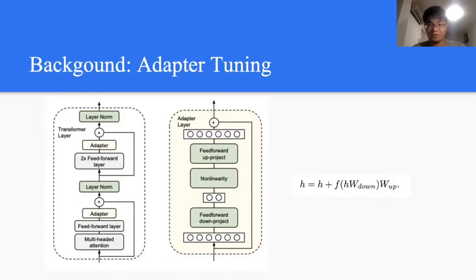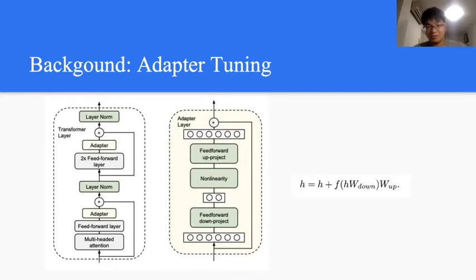The adapter approach inserts a small module between transformer sublayers. The adapter layer is generally composed of a down-projection layer to project the input feature to a low-dimensional representation space, followed by an activation function f, and then an up-projection layer to map the intermediary feature back to the original dimension.